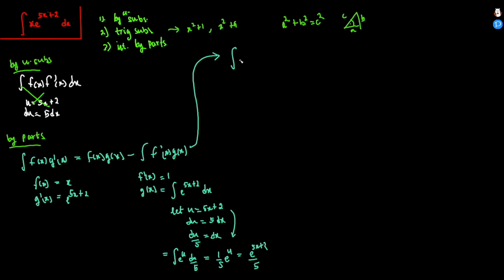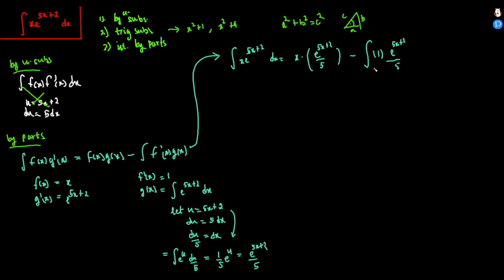The integral of x e to the 5x plus 2 dx equals f of x times g of x, so that's x times e to the 5x plus 2 over 5, minus the integral of f prime of x, which is just 1, thankfully, times g of x, which is again e to the 5x plus 2 over 5.